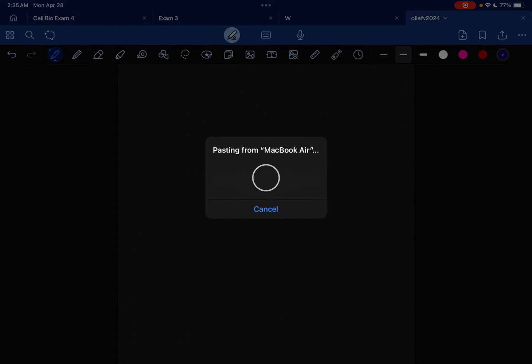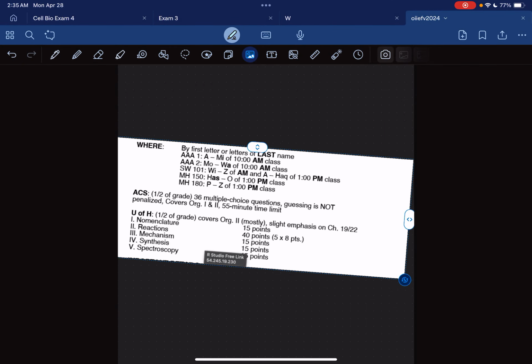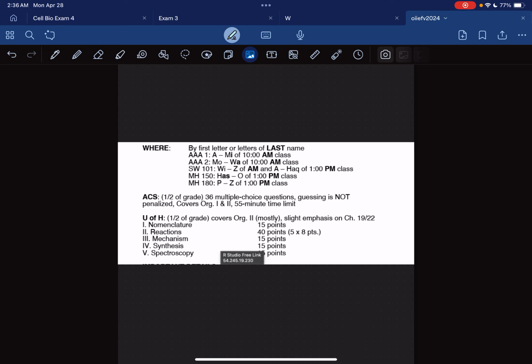So this is what your final exam actually is going to look like structure-wise. You're going to be given that ACS exam, and you're going to be given 55 minutes to do it. After 55 minutes, you have no choice but to turn that in.